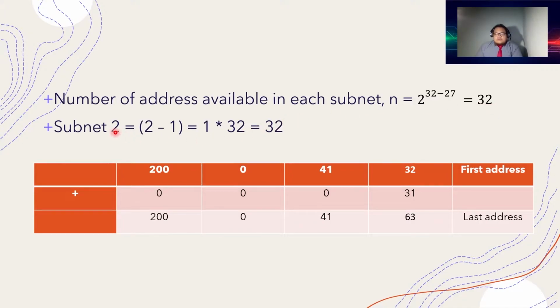So we use subnet 2 because subnet 1 calculation is already done. The formula is 2 minus 1 equals 1, times 32. The answer is 32.